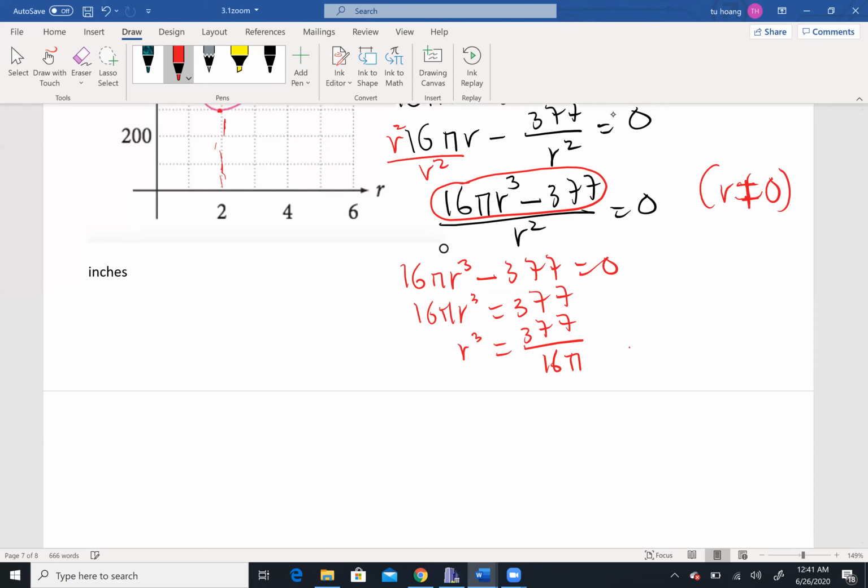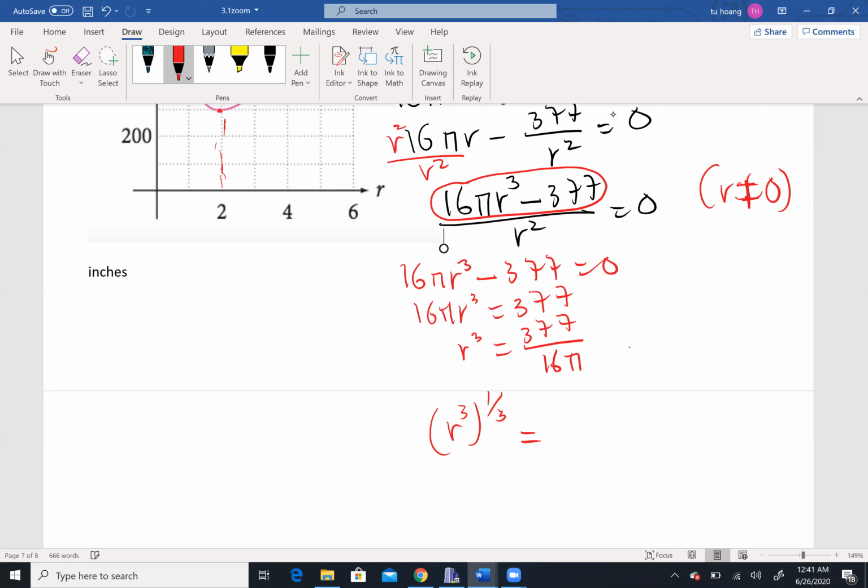So now I'm gonna do a cube root for this equation, or I'm gonna just raise both sides to the power of 1/3.